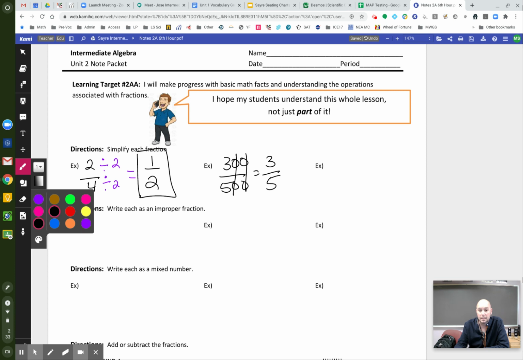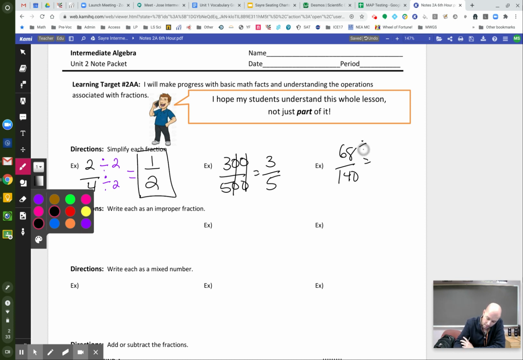All right, last example for simplifying these fractions is 68 over 140. Now you can spend a ton of time going through your brain and be like, all right, something that goes into 68 and 140. I don't do it that way. I do it a little simpler. If I see an even number on the top and an even number on the bottom, I divide them both by 2 to start, okay?